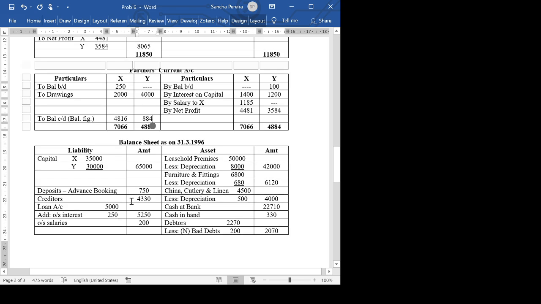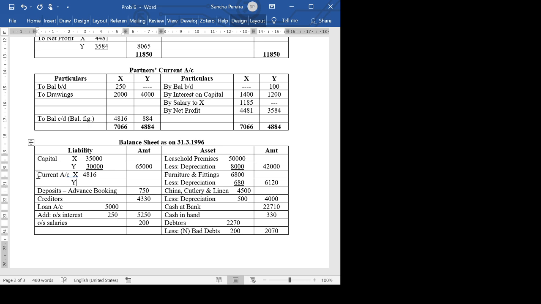These current account balances are transferred to the balance sheet as X, which is 4816, and Y, it is 884, and the total of this comes to 5,700.